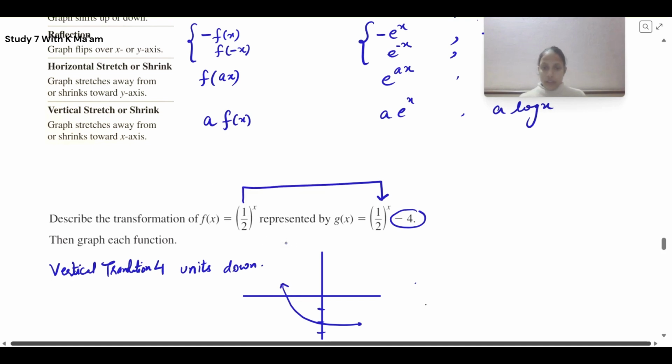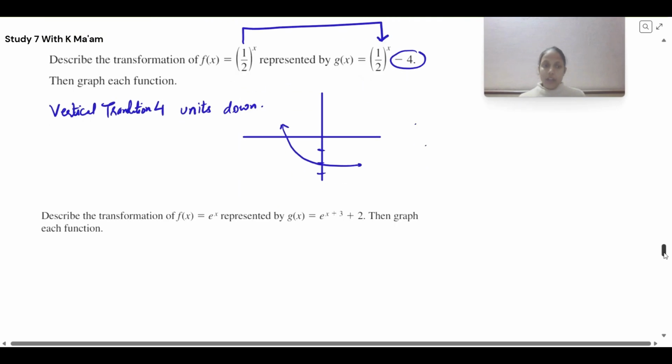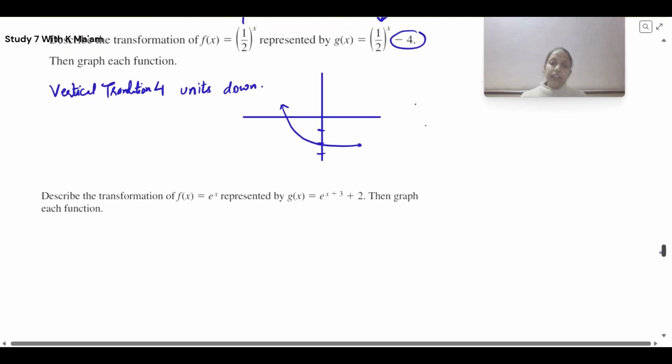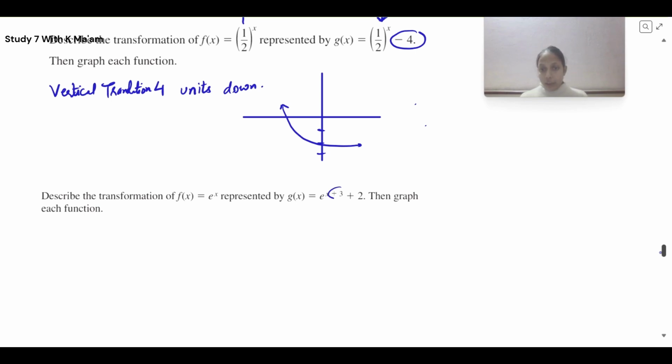Alright. Next, we have to describe the transformation e power x plus 3, plus 2. What is the difference? Plus 3 is inside with x, and plus 2 is outside. If something is added to x, it's horizontal. If it's added to the function outside, it's vertical.